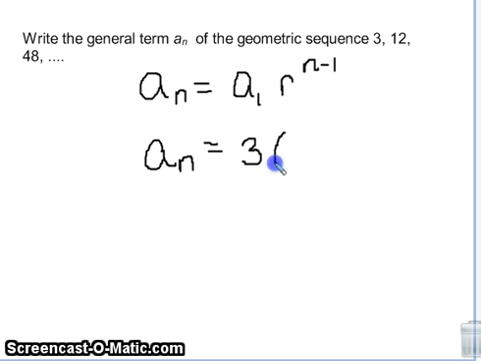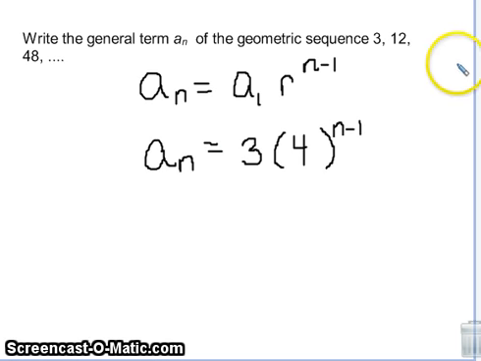And then I always put parentheses around my r to separate the two of them. What is the ratio? What am I multiplying to get from 3 to 12 and then from 12 to 48? 4. So it's going to be 4 to the n minus 1.